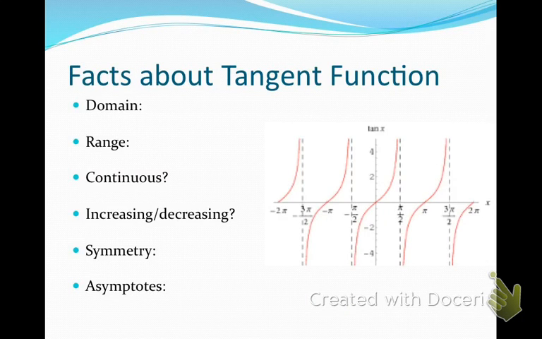Here's a better version of it, nice computer generated. So let's remind ourselves some of the facts here that we can find from reading the graph. If we look at the domain, we notice that there are some x values that are undefined.